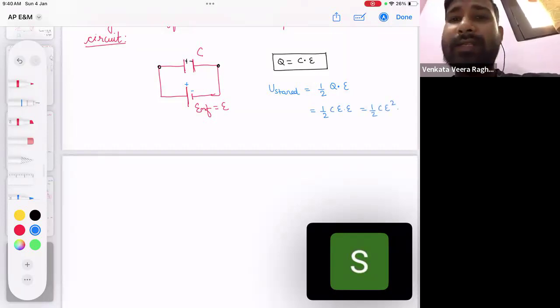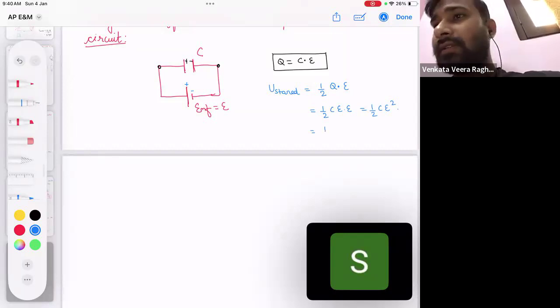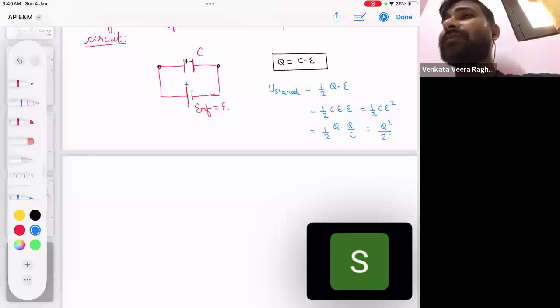Or what else can we write? E equal to Q by C also, so that will become Q square by 2C.